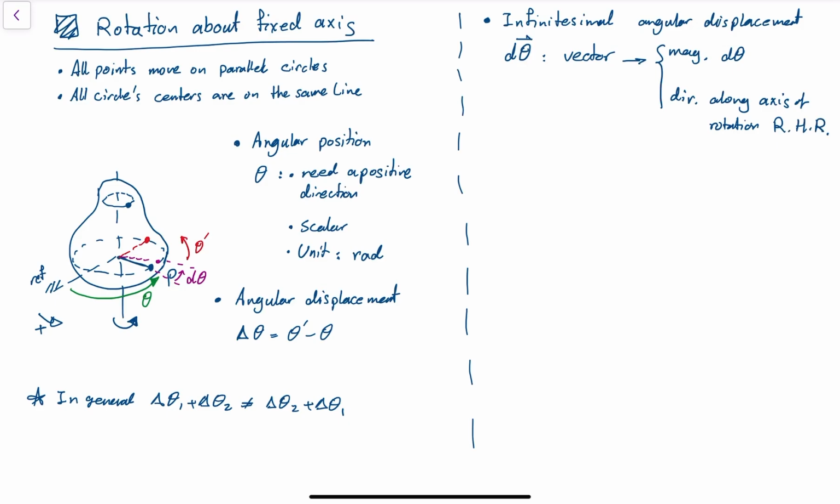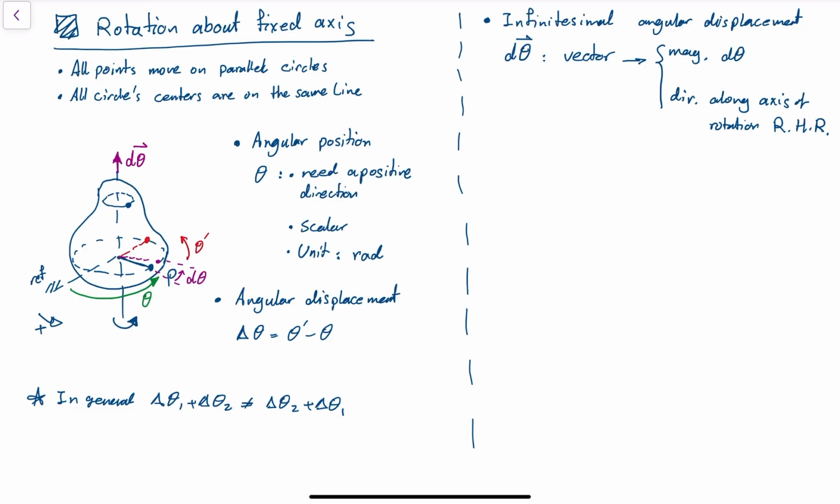So if I curl my fingers in the direction of turning, my thumb will point to the direction of d theta, and this would be the vector d theta. Its length is in radians, however much you have turned, and its direction is along the axis of rotation, consistent with the right-hand rule. So that's interesting.